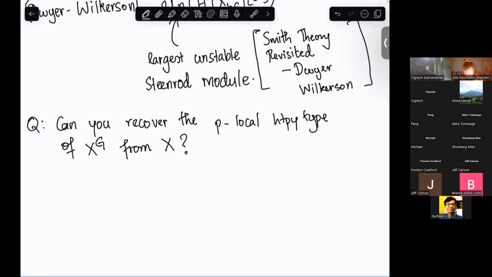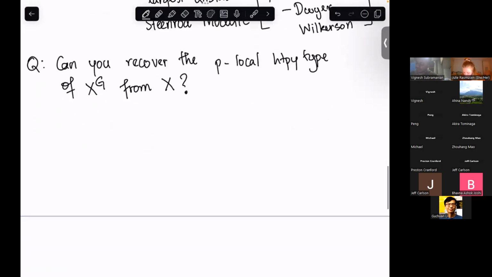All right. I'll elaborate this question further, or I'll give a recipe today. What do I mean by this? And the answer to it is yes, using power operations.